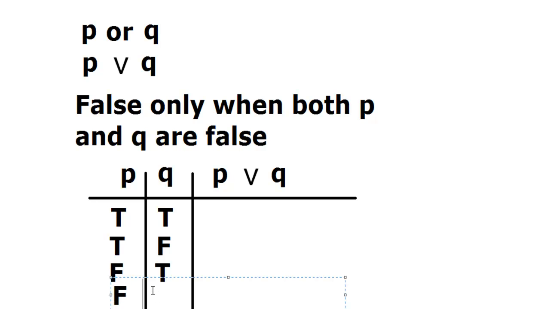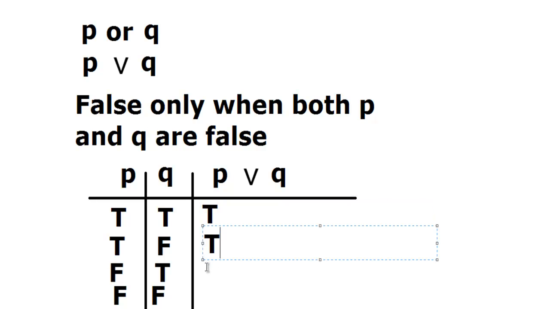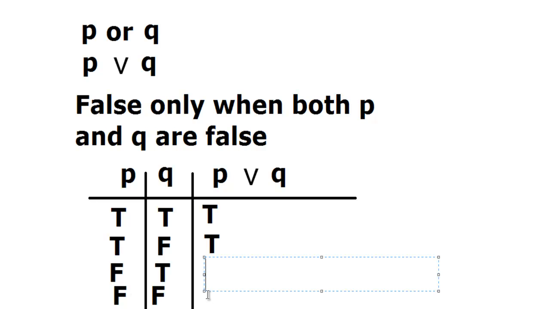So if both P and Q are true, then we shall get that P or Q is true, right? Okay, just a second, what got messed up here? Sorry about that. So in this case P or Q is true, and here they are true again because they are false only when both these are false. So this is still true, and here it is false. So this is the truth table for P or Q.